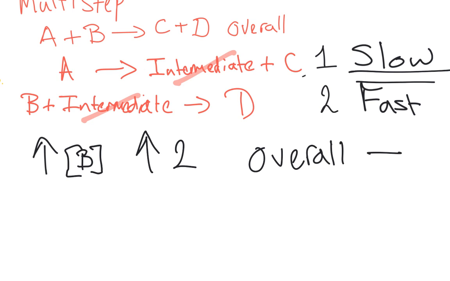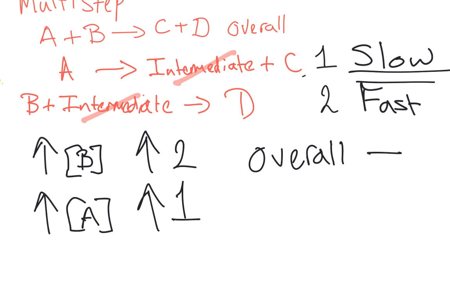It might if you were increasing the concentration of A, because you'd be increasing the rate in reaction 1, which is the slow reaction, and then the overall reaction would be faster. But if you're talking about B, it's not going to have an effect, because you're just trying to speed up what's already a fast step. I'm going to tell you a little bit more about that in a second.